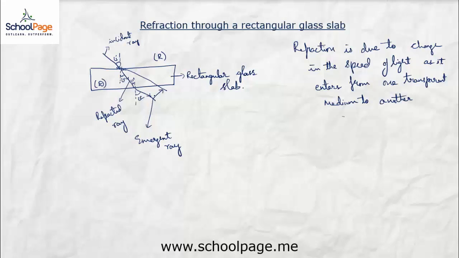The perpendicular distance between the original path of incident ray and the emergent ray is called as lateral displacement.